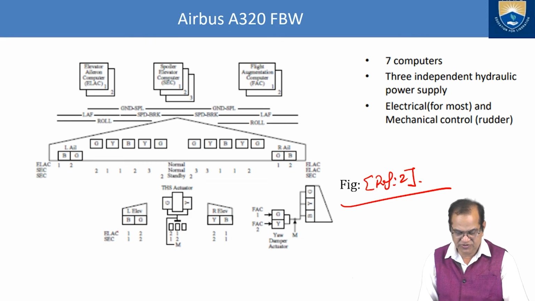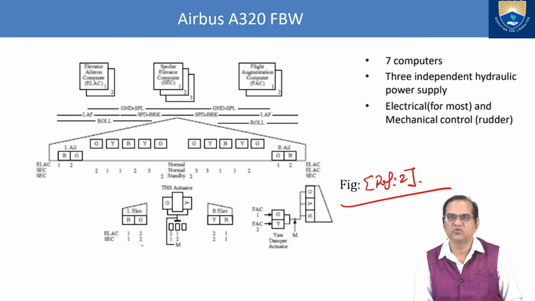Here ELAC 1, 2 and SEC all operate the elevator, with yellow, blue and green hydraulic systems working. The outboard elevators work with blue, but the inboard ones are yellow on the right side and green on the left side.